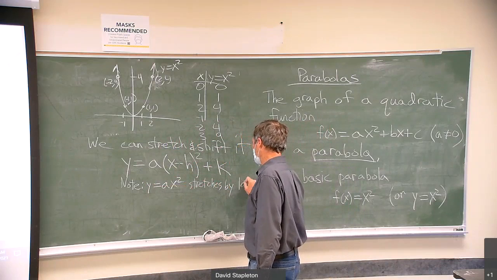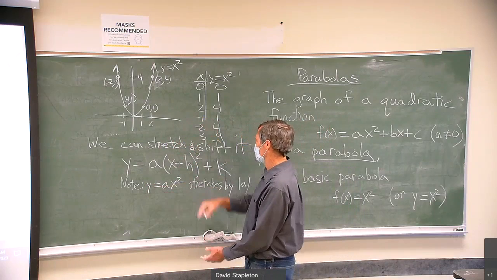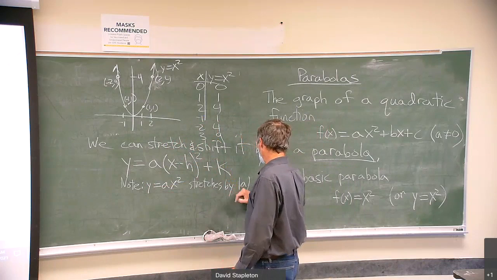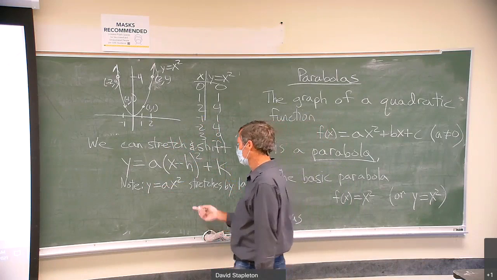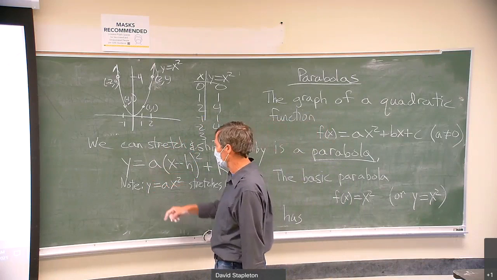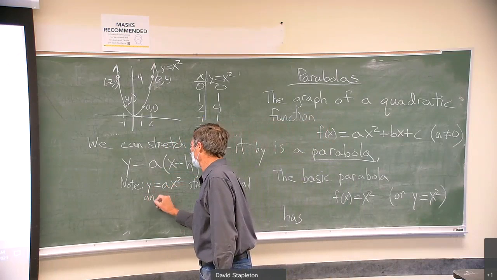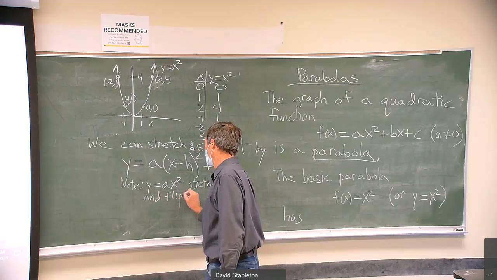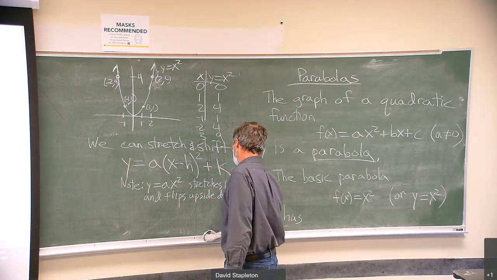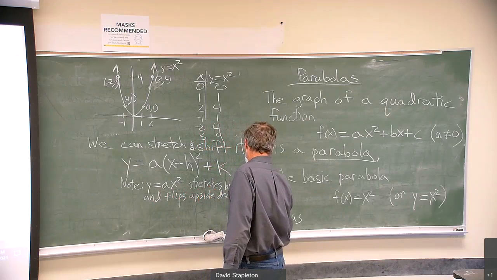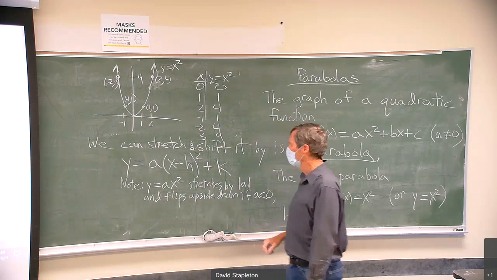It's absolute value of a times as tall. So if a is 2, it's twice as tall. If a is 4, it's 4 times as tall. And what if a is negative? Yeah, it flips it upside down, makes all the y coordinates negative what they were. Flips it upside down if a is negative.